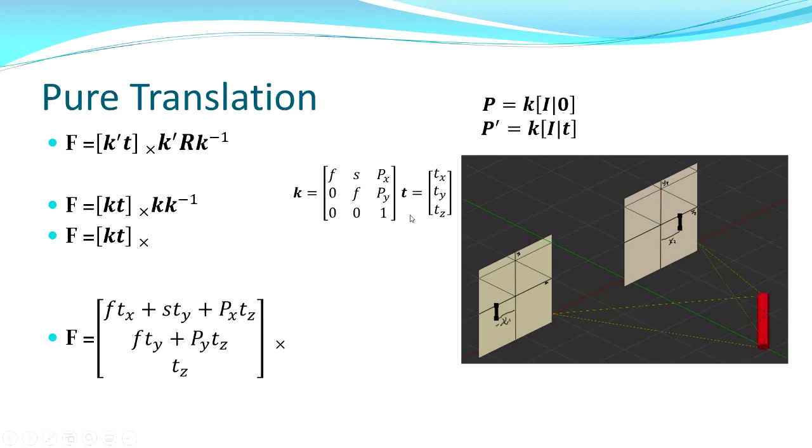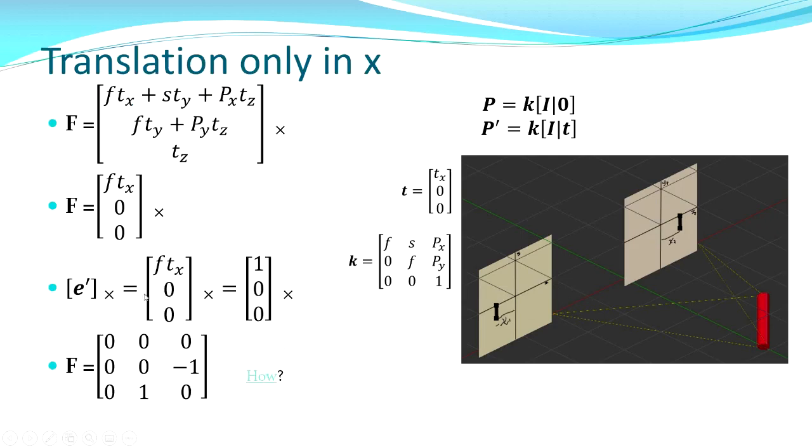This K t, where I am multiplying both of these things, becomes this vector, and when you make translation only in x, t_y and t_z become 0, so all these things become 0, and you get this vector over here.